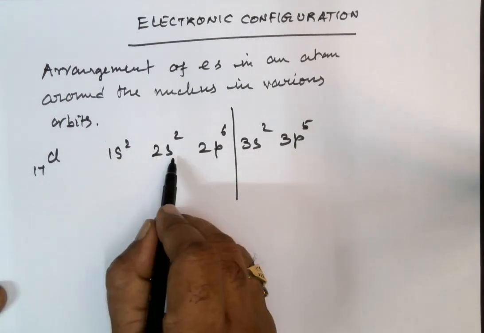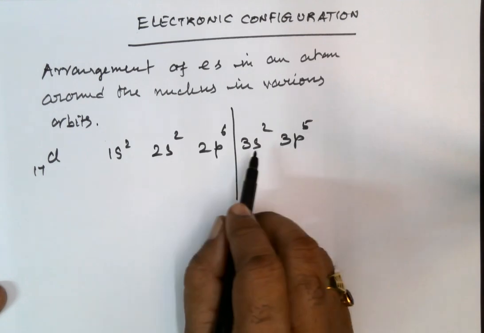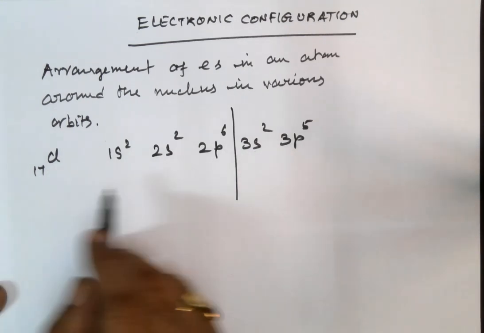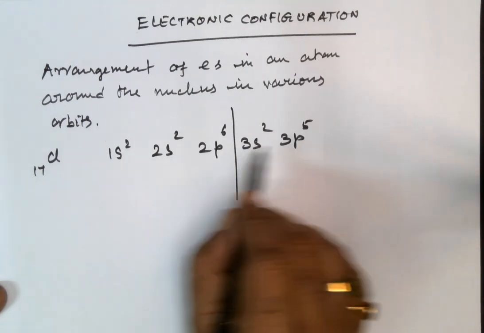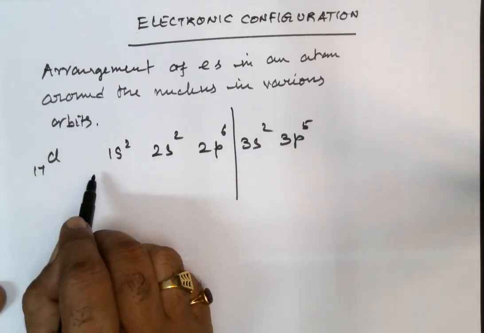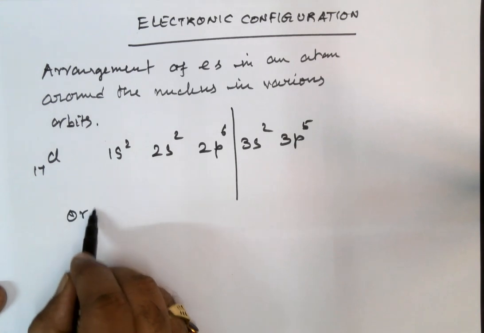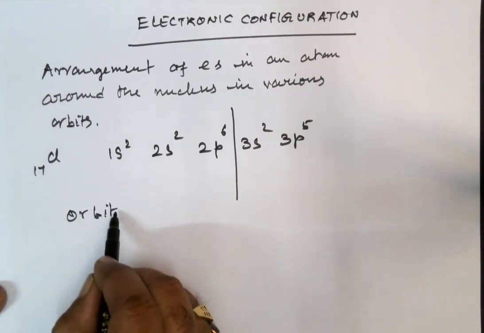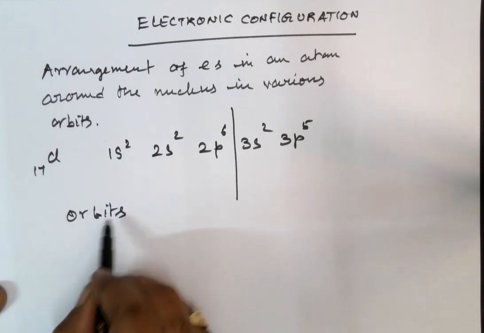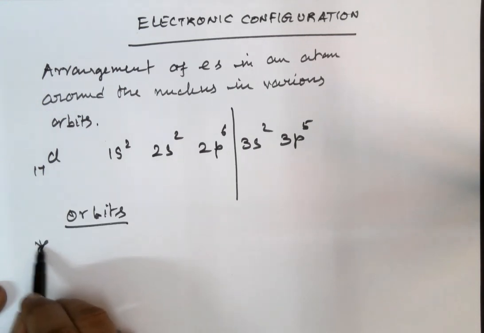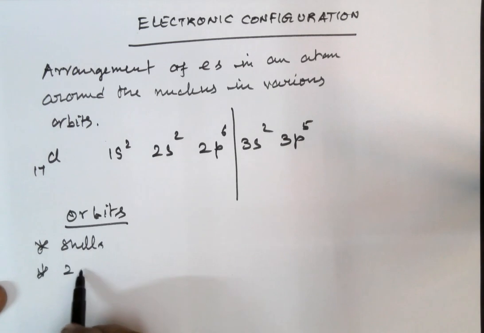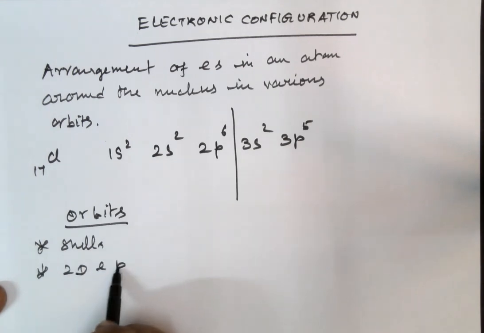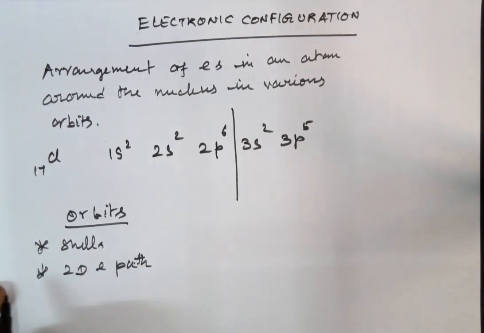Now s, p, d, f are all orbitals, and 1, 2, 3 are called shells, that is orbits. Orbits, in those periods, were called shells, which is nothing but the two-dimensional electronic path traveled by the electron.